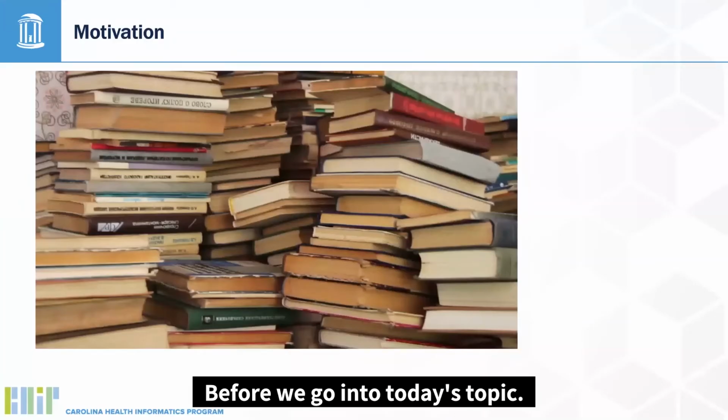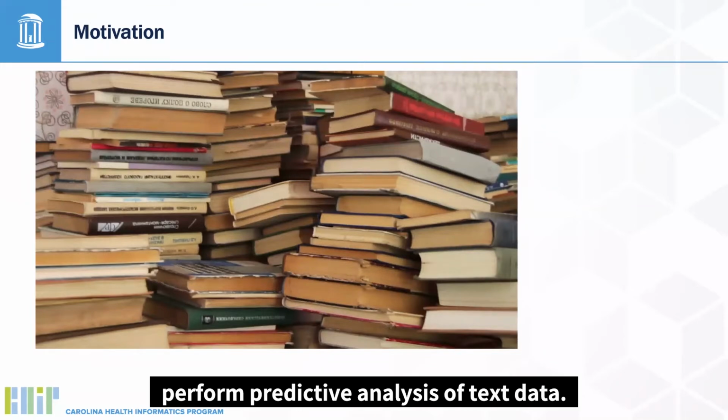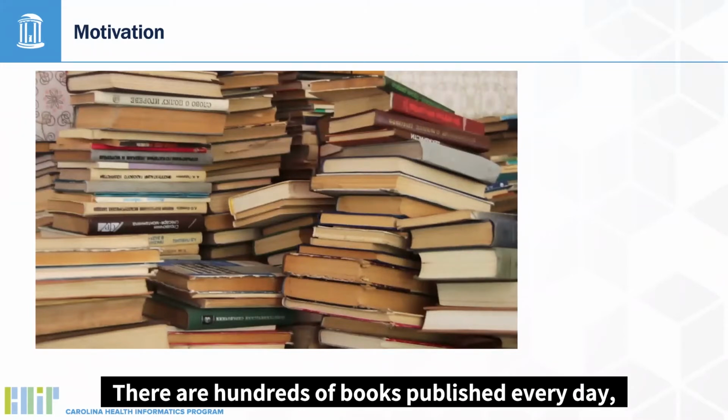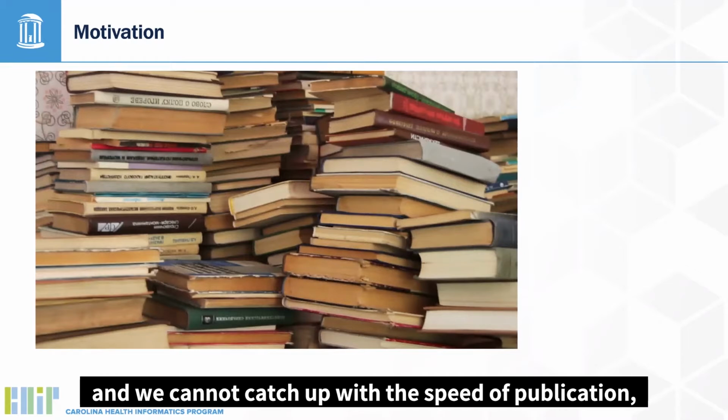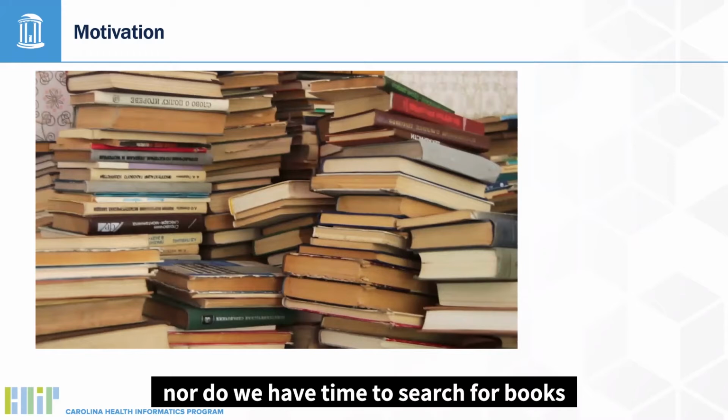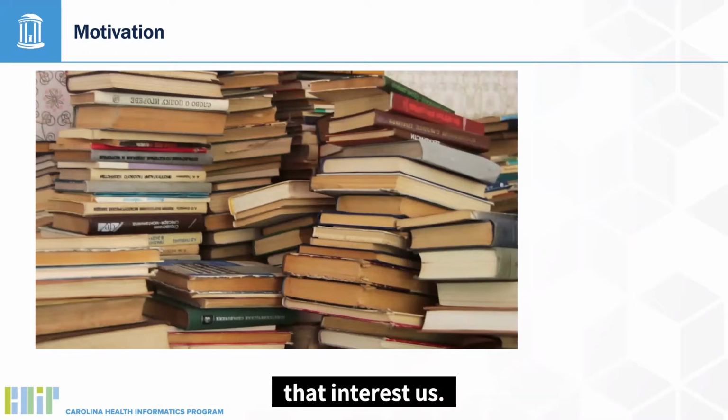Before we go into today's topic, let me explain why we perform predictive analysis of text data. There are hundreds of books published every day, and we cannot catch up with the speed of publication, nor do we have time to search for books that interest us.